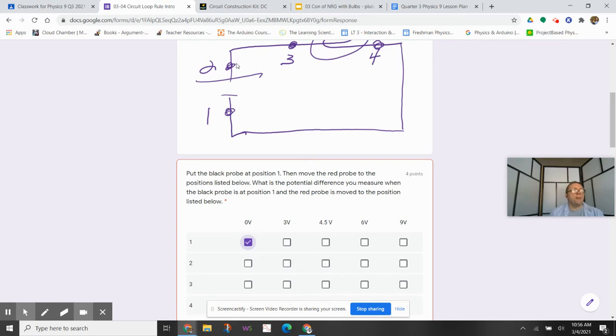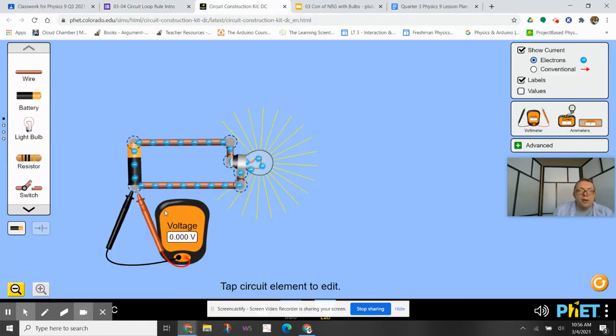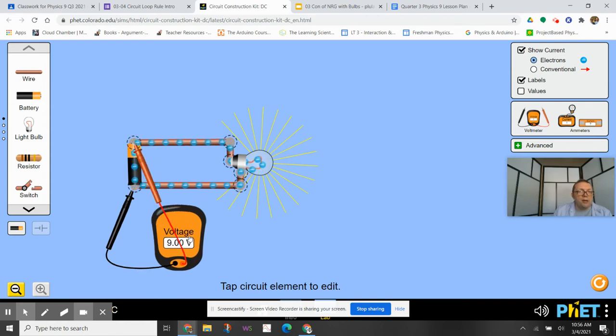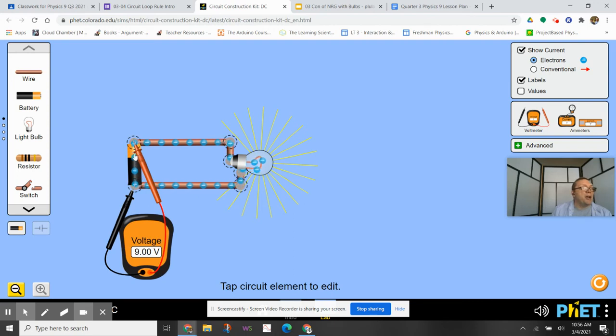Now I'm going to move just the red one to position 2, which is the positive side of the battery. And here we see that that is now 9 volts. So a charge at this location has 9 joules per coulomb, or 9 joules of energy just from where it's located.